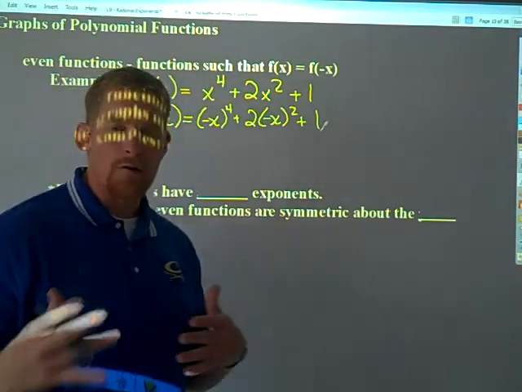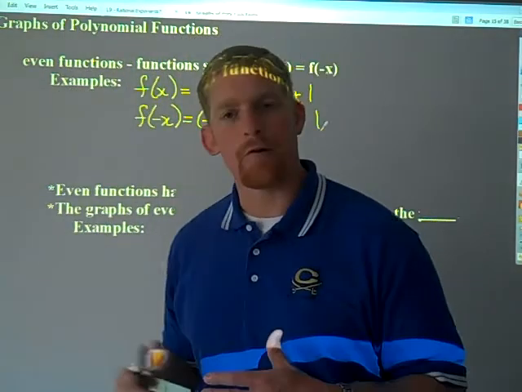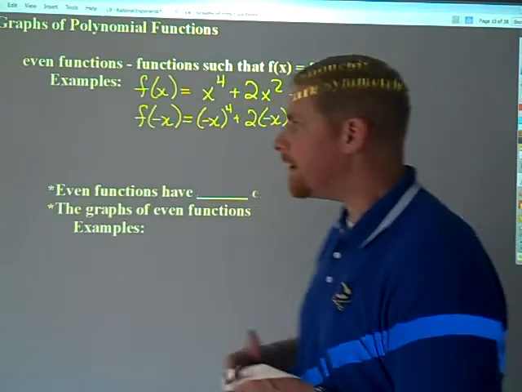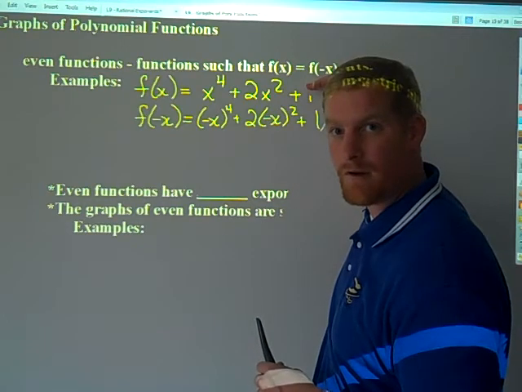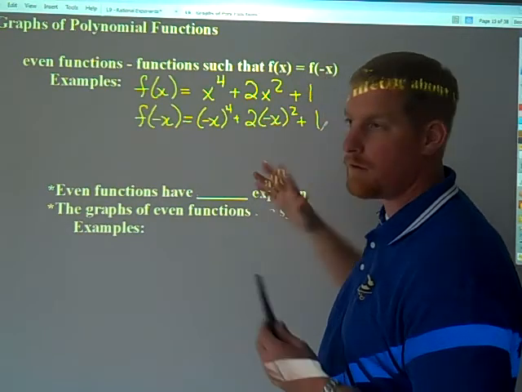Now we can simply use our powers of exponents and our properties behind them. And if f(-x) turns out to be the exact same thing that f(x) was, then we have an even function.